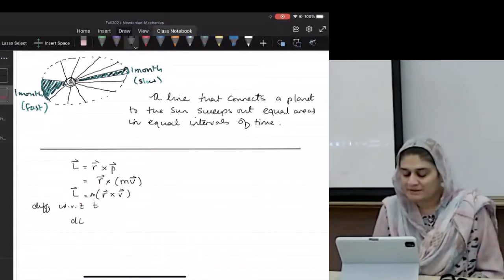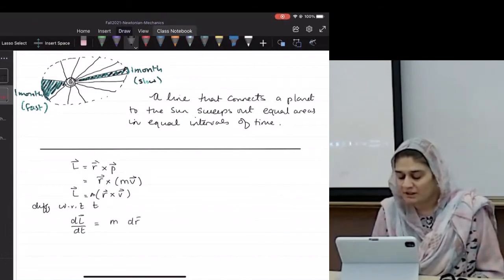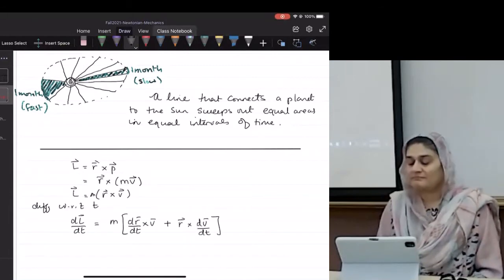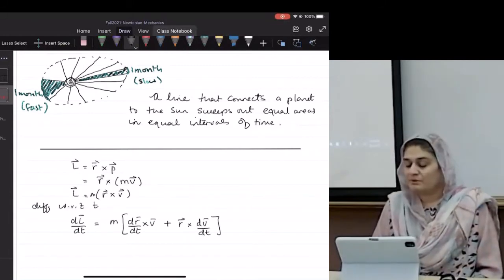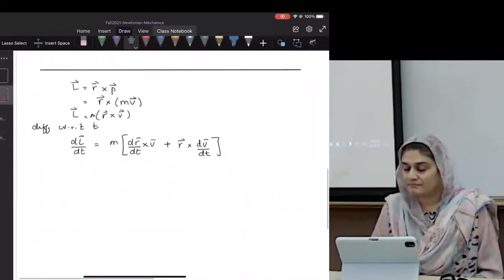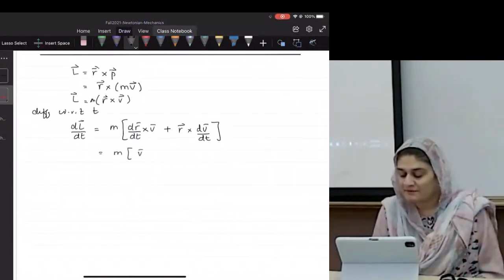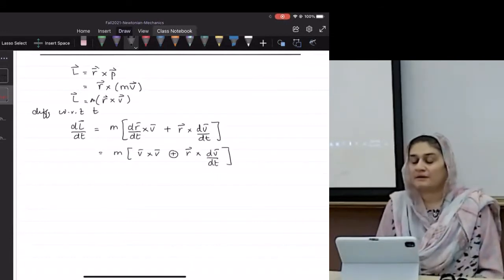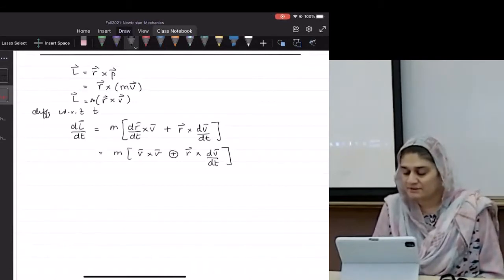What will I get? dL over dt equals m, dr over dt times v, plus r times dv over dt. What is dr over dt? Velocity. So I get this. This is V and this is also V, right?